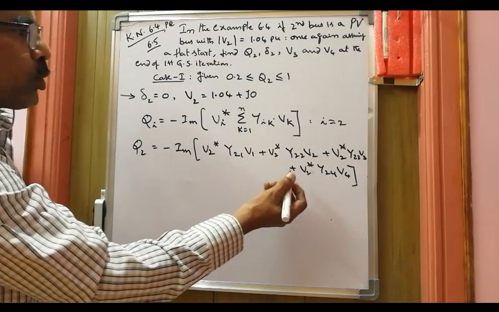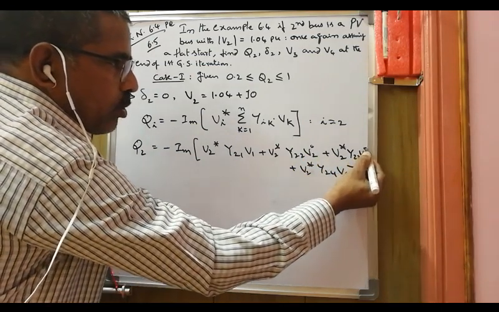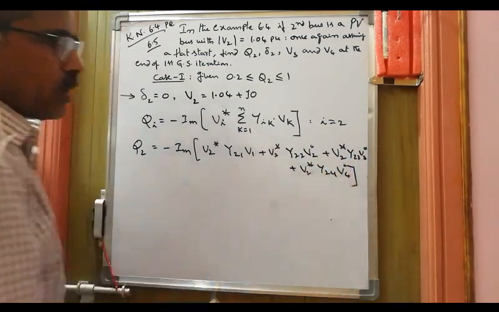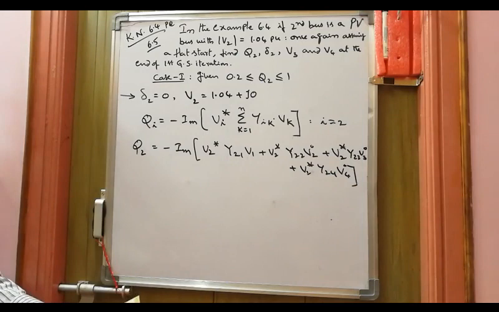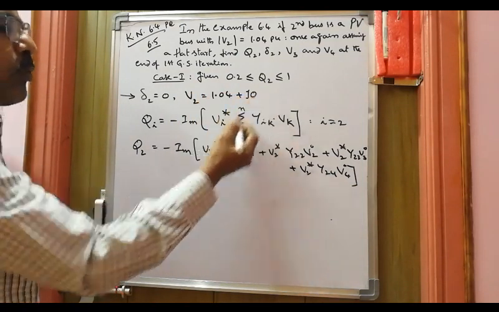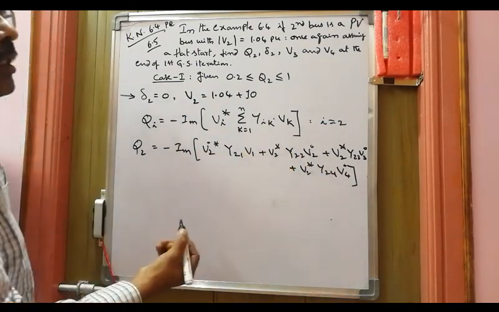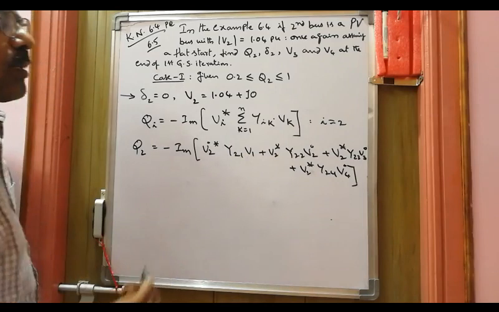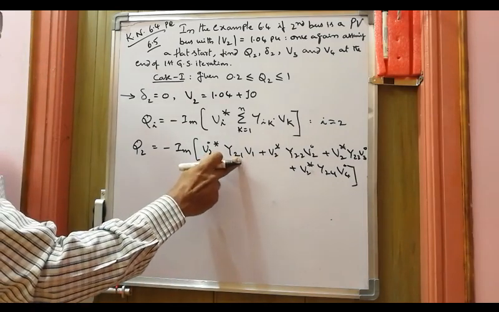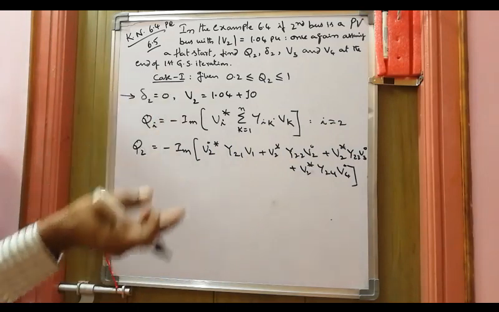Then V2 0, V3 0, V4 0, these are the values to be substituted, and this V2 is 1.04 plus j0, and V1 is the slack bus voltage. The values Y21, Y22, Y23, Y24 you can extract from your Y bus.